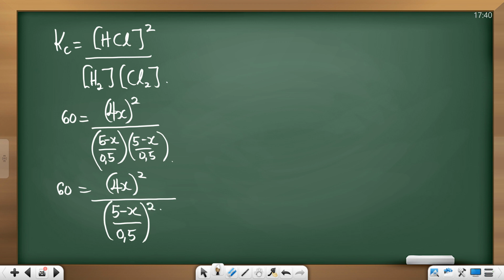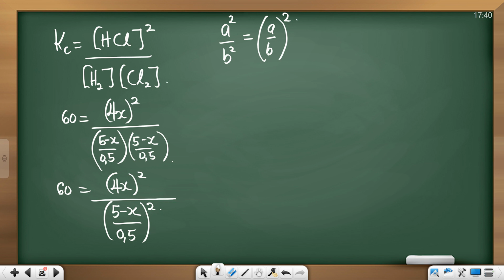Let's use our algebra, guys. A squared over b squared can be written as a over b all squared. Take note of that. Now, don't expand.